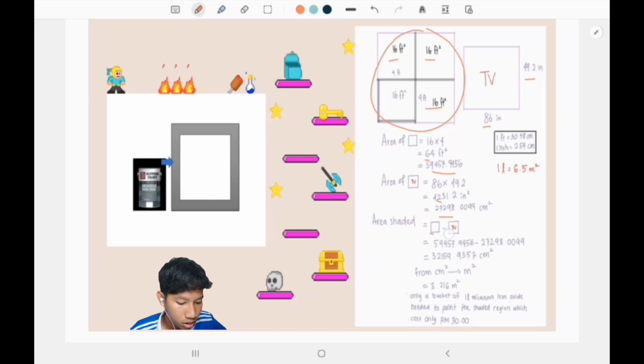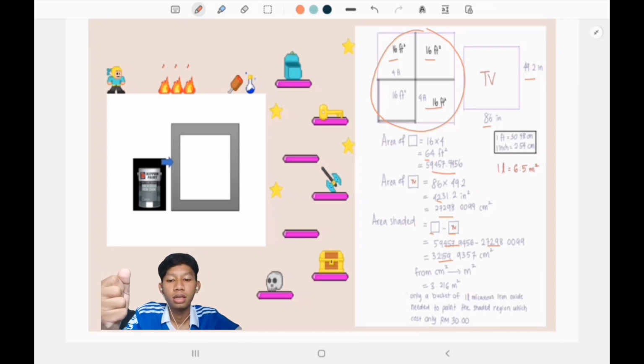After we got both areas, we minus the area of the Scotiabank Theatre with the area of the TV like this, and we got the answer 3215.9357 cm square. So after we find the area, we know that 1 liter can paint 6.5 meter square.